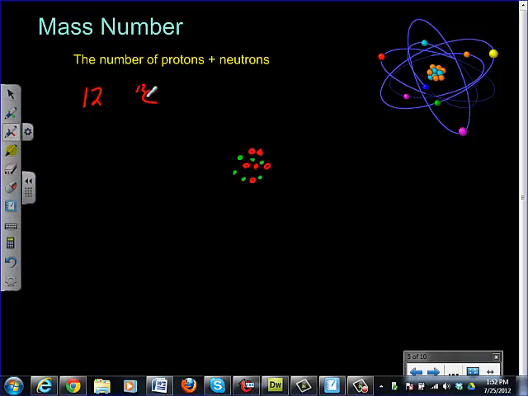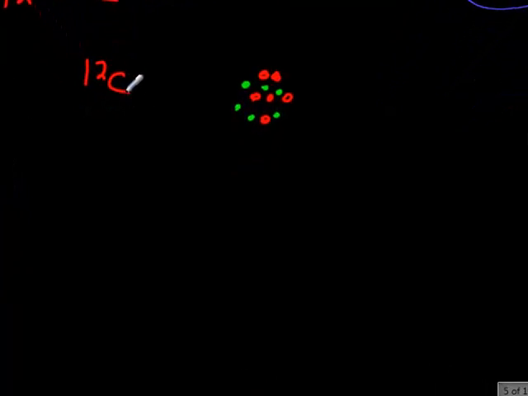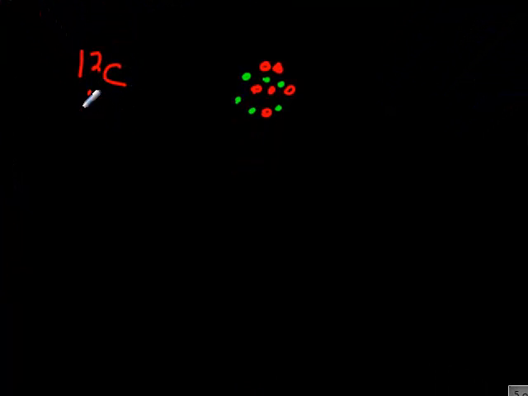When you see me put carbon-12 here, that means we have 12 particles: 6 protons plus 6 neutrons, which gives us what's called the mass number, or 12.